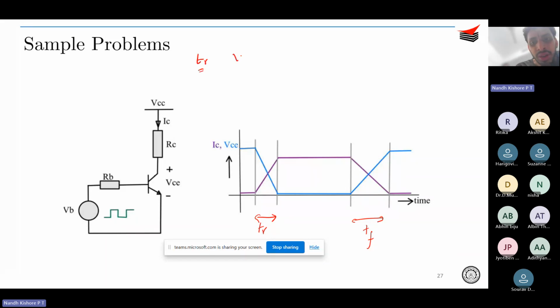So what's happening during TR? During TR, your VCE is going from VCC to VCE set, and IC is going from ICE naught to capital IC. So during TF, reverse happens. VCE and IC will just get reversed.